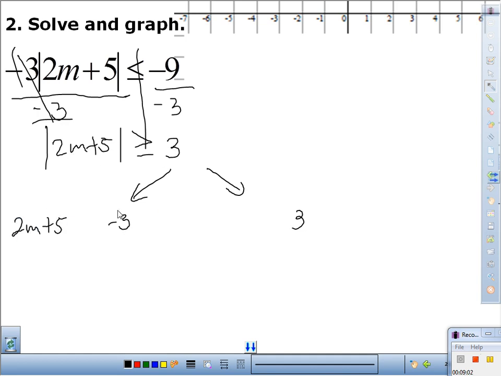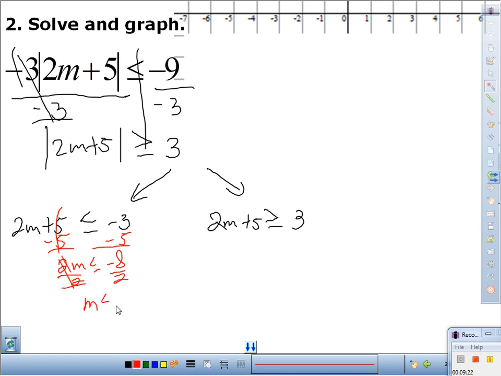Since this became a negative, what happens to the inequality symbol? It switches again. 2m plus 5 greater than or equal to 3. Let's solve. Minus 5, minus 5. 2m less than or equal to negative 8. Divide by 2. M less than or equal to negative 4.